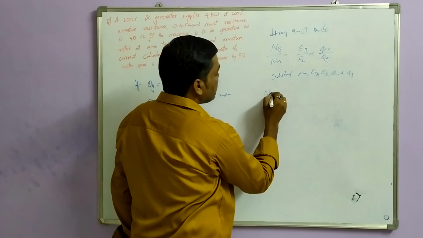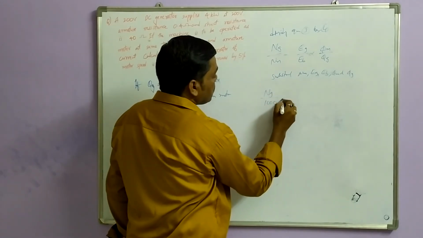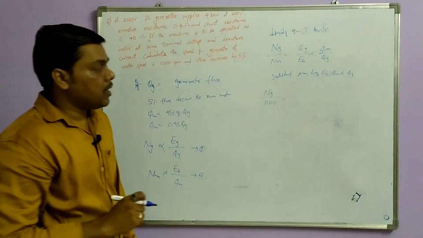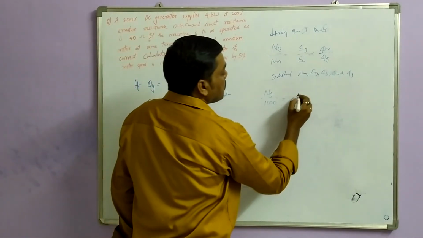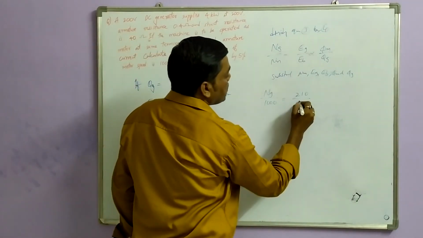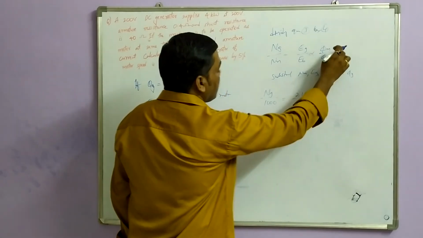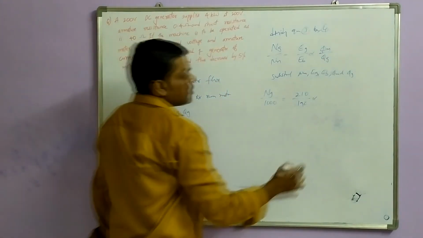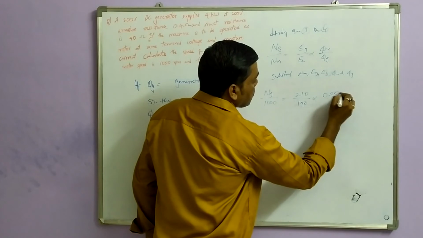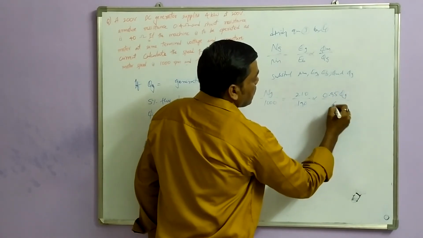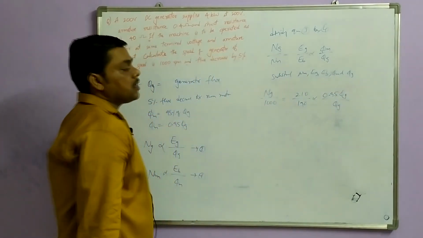So what you will get, Ng by 1000, what is 1000? Motor RPM, and Eg is equal to 210 and Eb is equal to 190 and phi m, so what is the phi m value? 0.95 of phi g, and phi g is the generator flux.